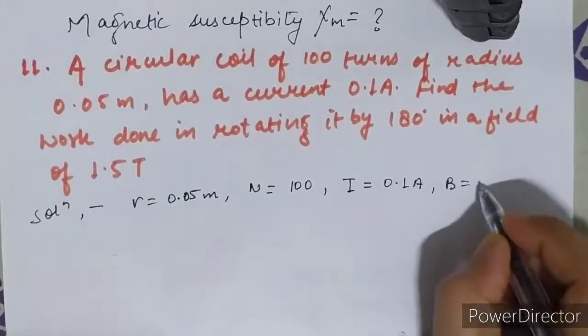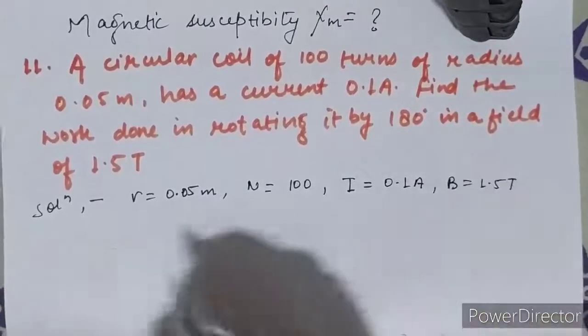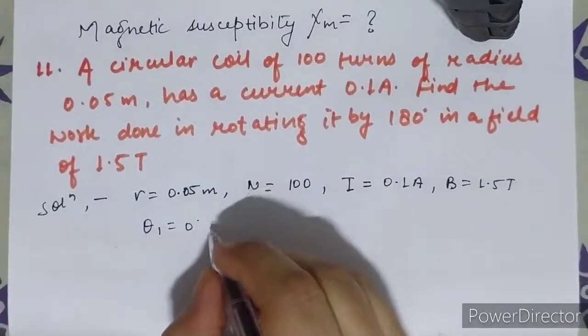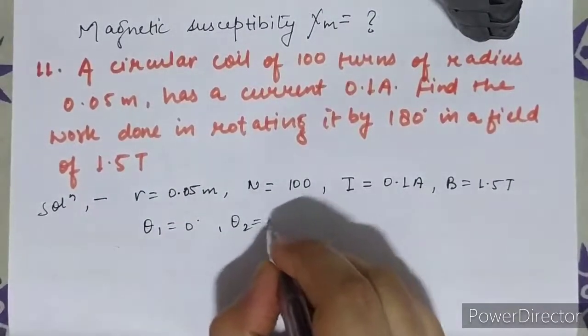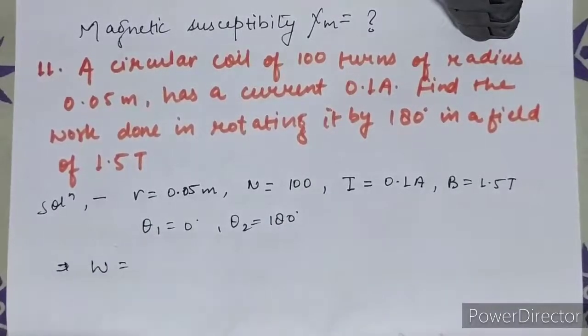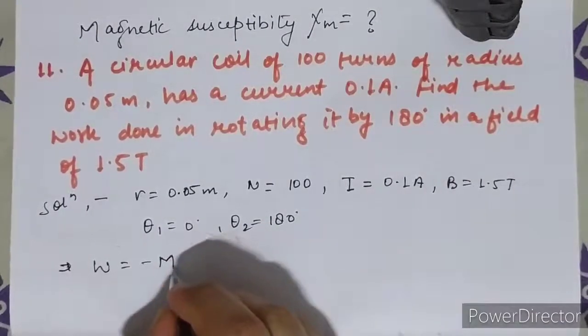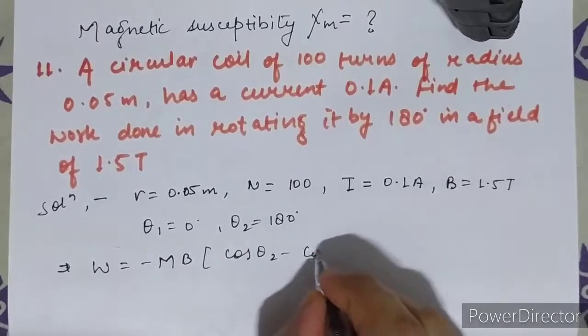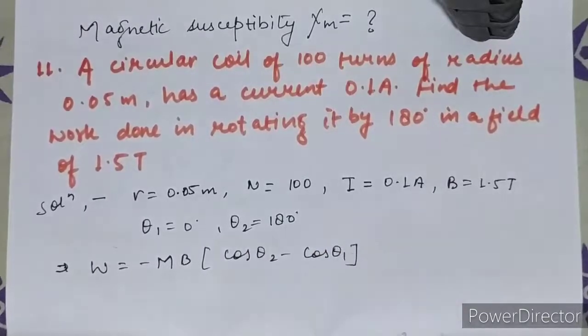Magnetic field is 1.5 Tesla. Theta 1 is 0 degree, and theta 2 is 180 degree. Now you have to calculate the work done. If you have not forgotten the formula, we have the formula MB cos theta 2 minus cos theta 1. Simply we have to put in the values.